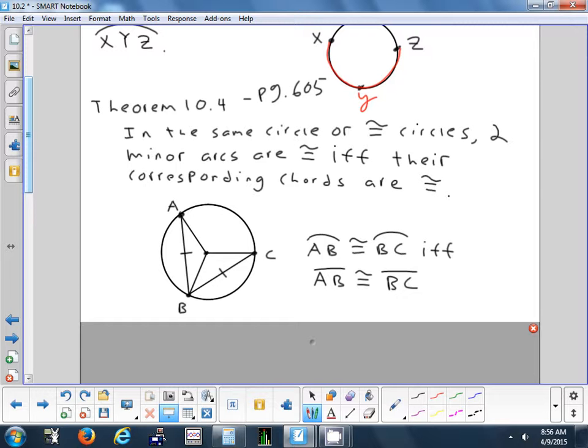And if I had another segment in there, segment AC would be the segment that corresponds to arc AC. I didn't draw in segment AC. We don't need it. Okay, so if two chords are the same measure, then the arcs are going to be the same measure. As long as you're dealing with the same circle or congruent circles. If you have two circles that are different sizes, then that doesn't work.